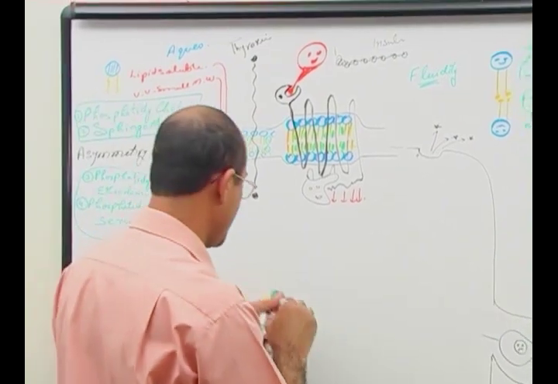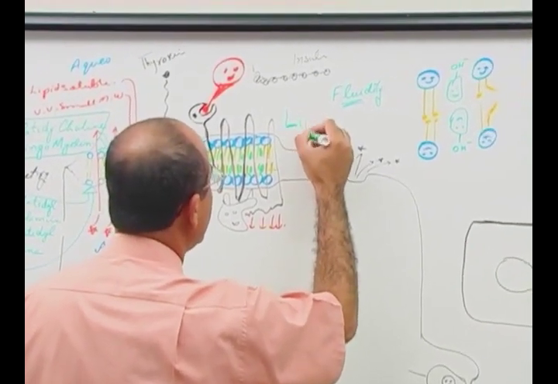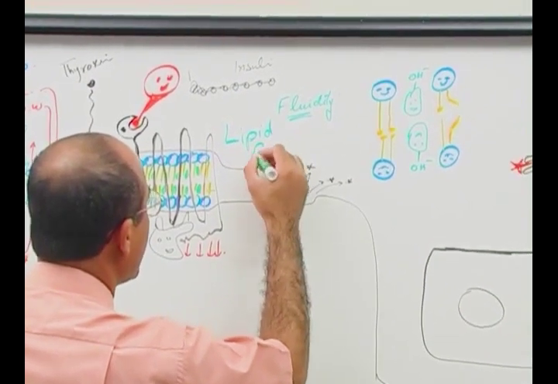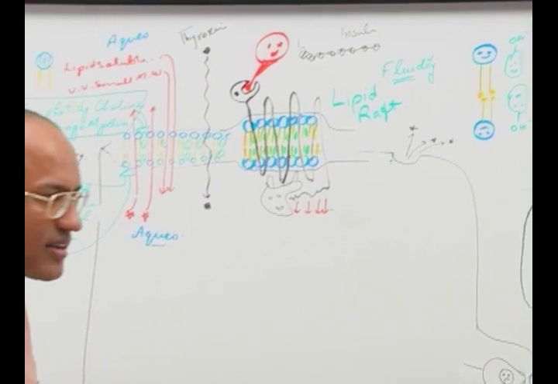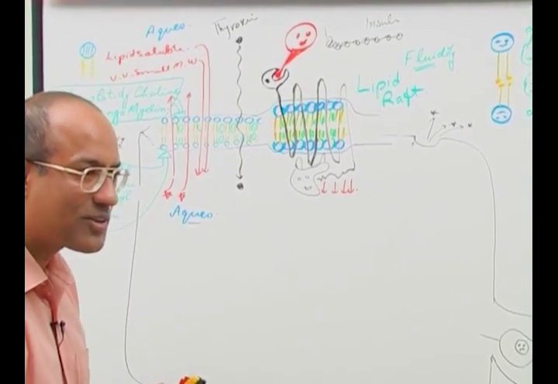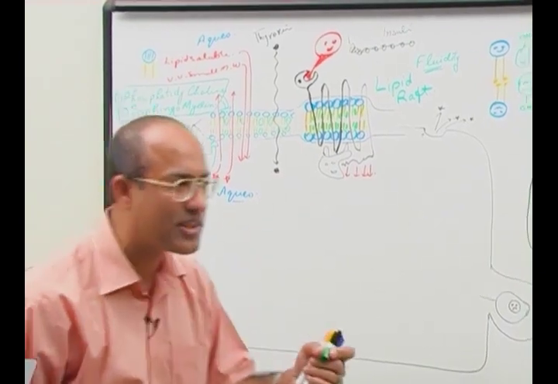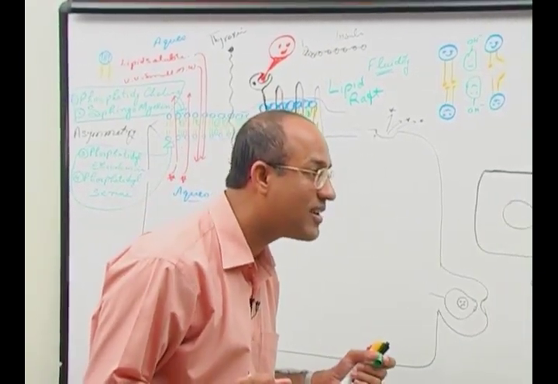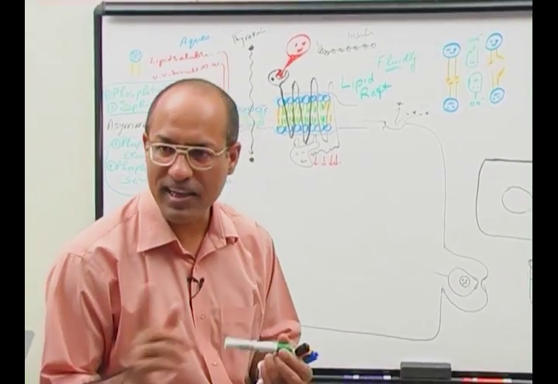What are they called? Lipid rafts. You know, rafting. Is that right? So we say receptors and their associated proteins are rafting in the membrane in specialized areas. Am I clear?